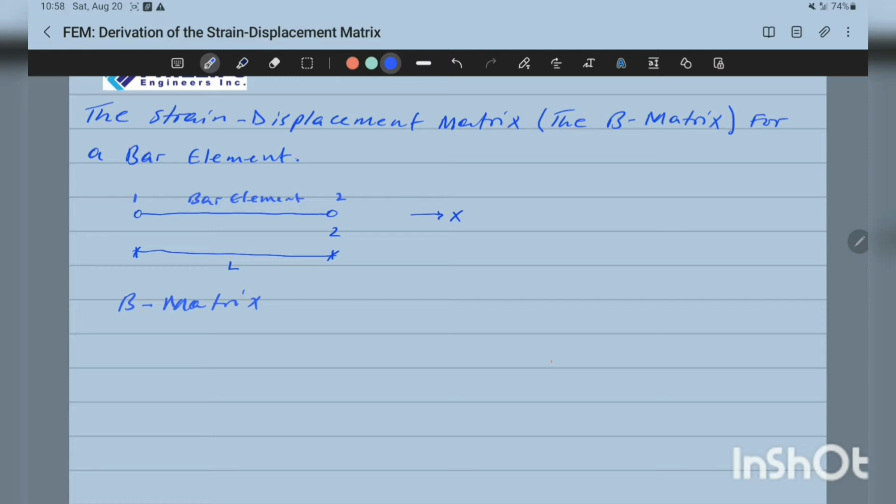So, the finite element works in a way that when you have two nodes in an element like this, you can obtain displacement at these nodes by using the equation P equals Ku, where K is the stiffness of the element and u are the nodal displacements.